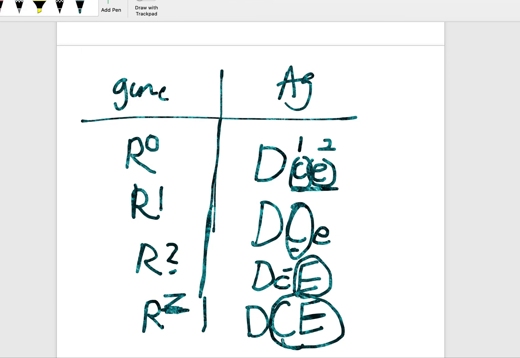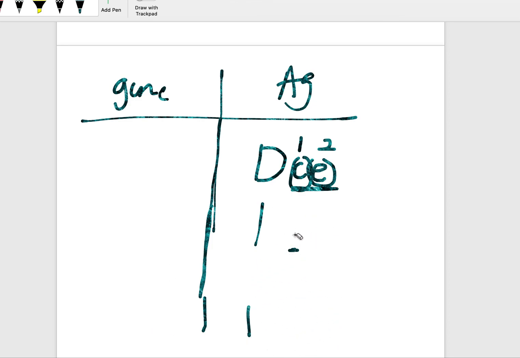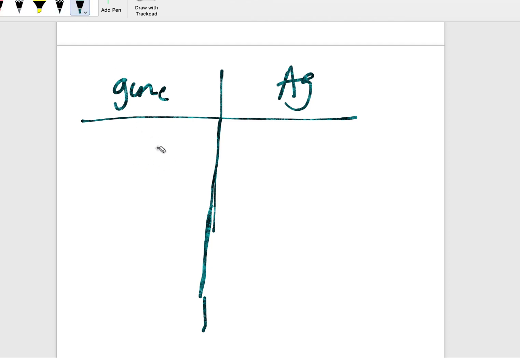And coming to the second part, it's exactly the same, but when the antigen is absent, like we have D small, so R small.